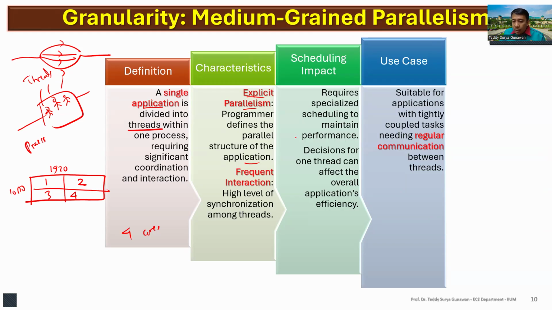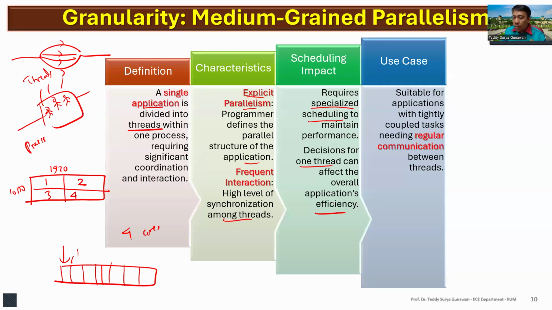This one will have frequent interaction, so high-level synchronization among threads. Remember that when you have a medium grain, you have more communication. After you finish distributing, process, then communicate, and so on. So this requires specialized scheduling, thread scheduling, and the decision for one thread can affect the overall application efficiency.